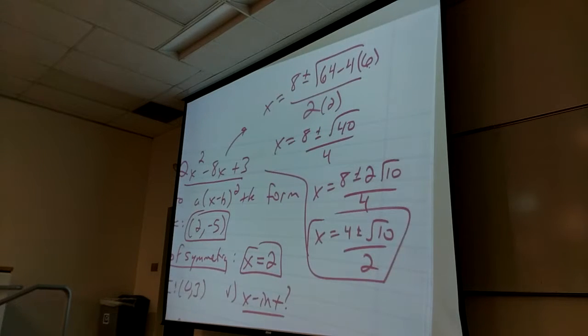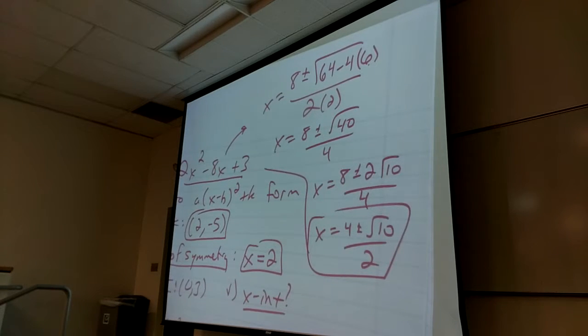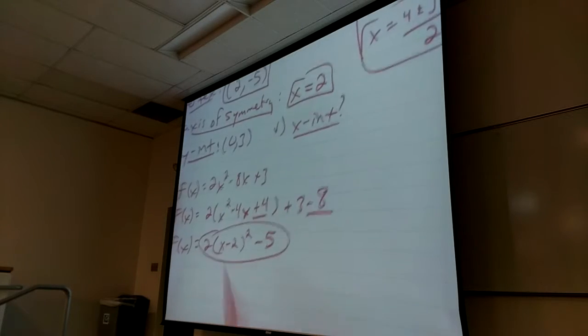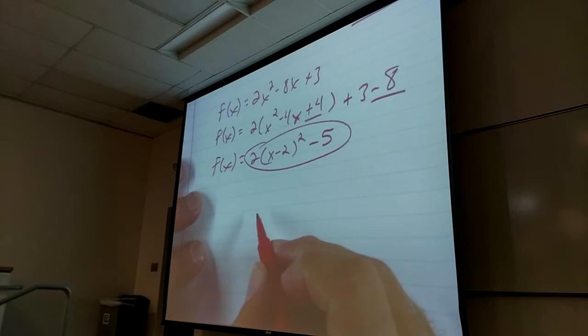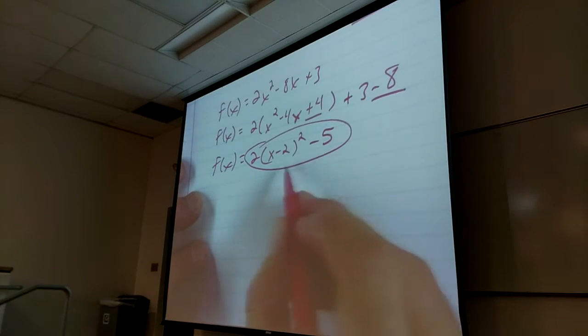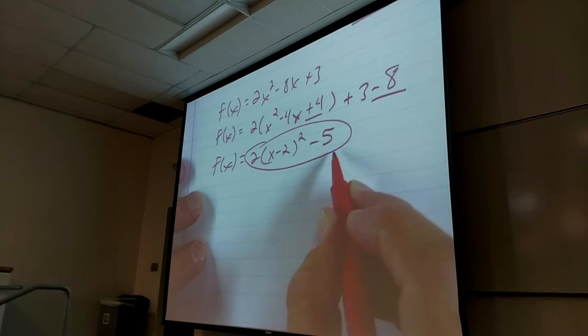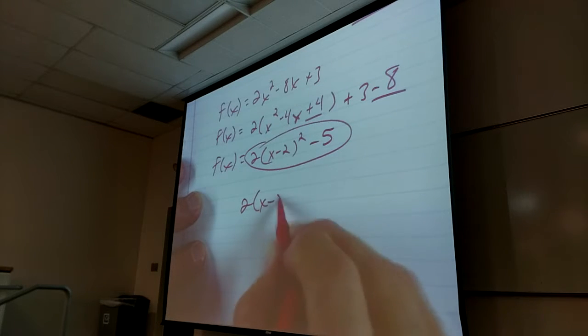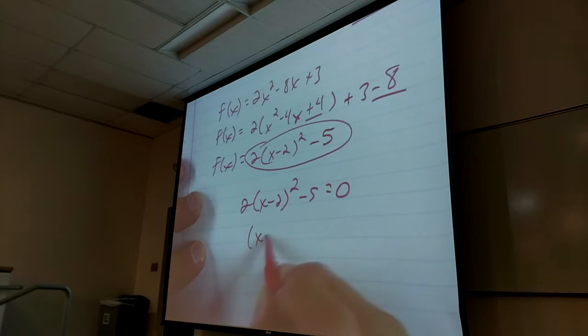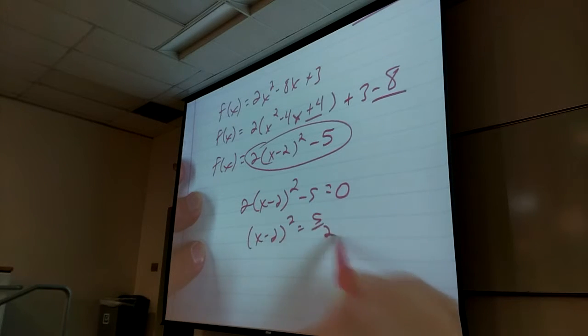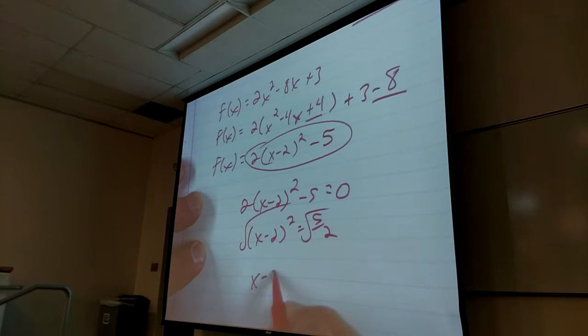Yes, ma'am? Whenever you want to find the x-intercepts, do you always have to use the quadratic formula? Nope. So right here, I feel like I told Lindsay to ask me that question, but I did not. You could take this and do what? To find the x-intercepts, I can set this equal to 0. Add 5, divide by 2, square root.